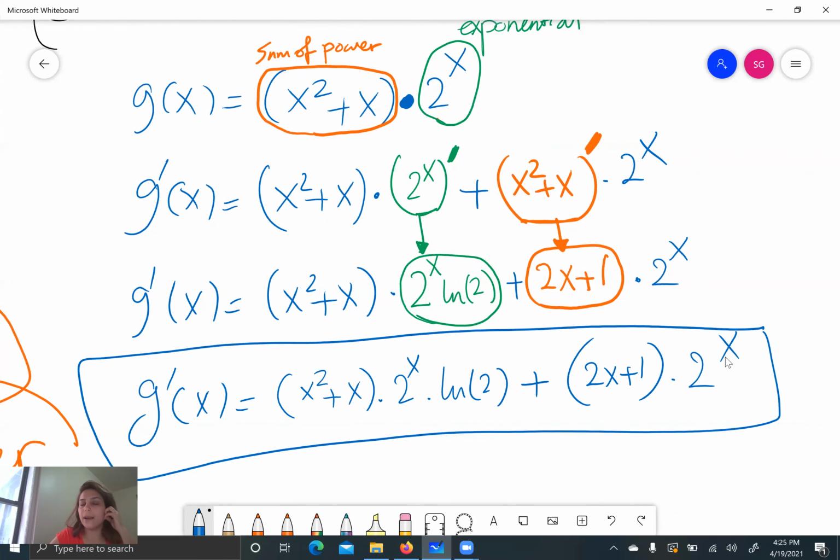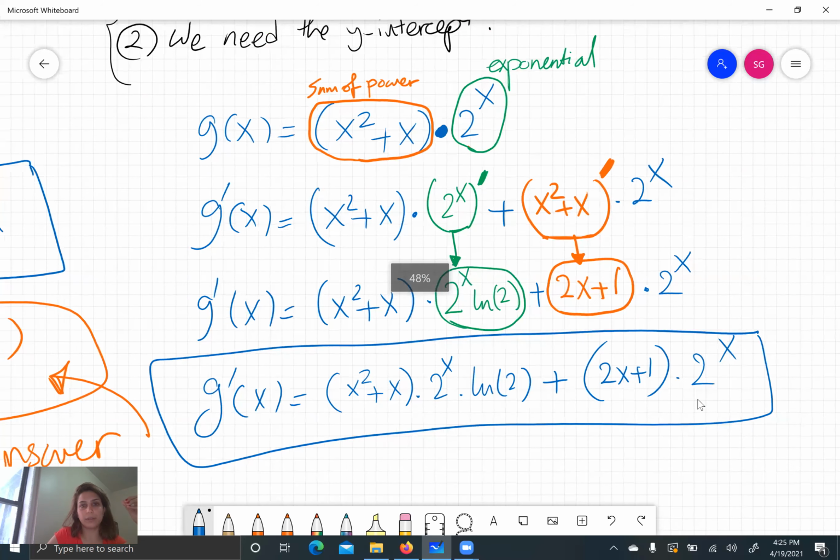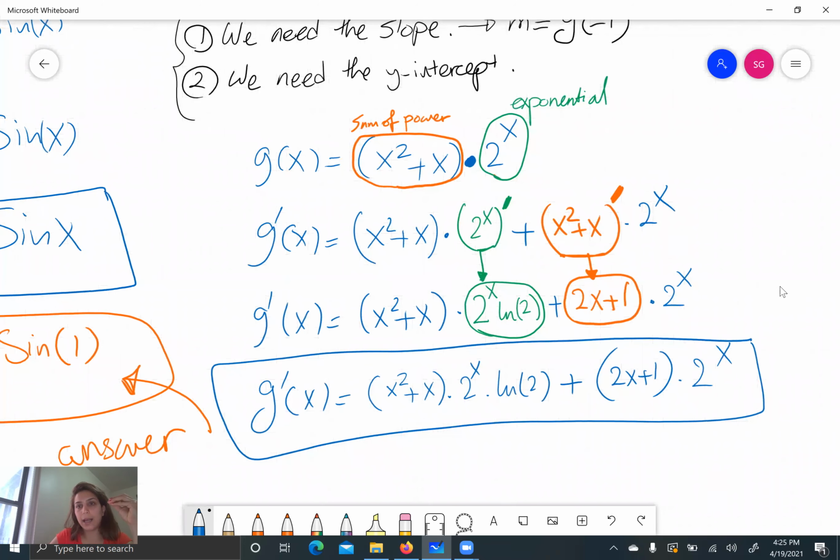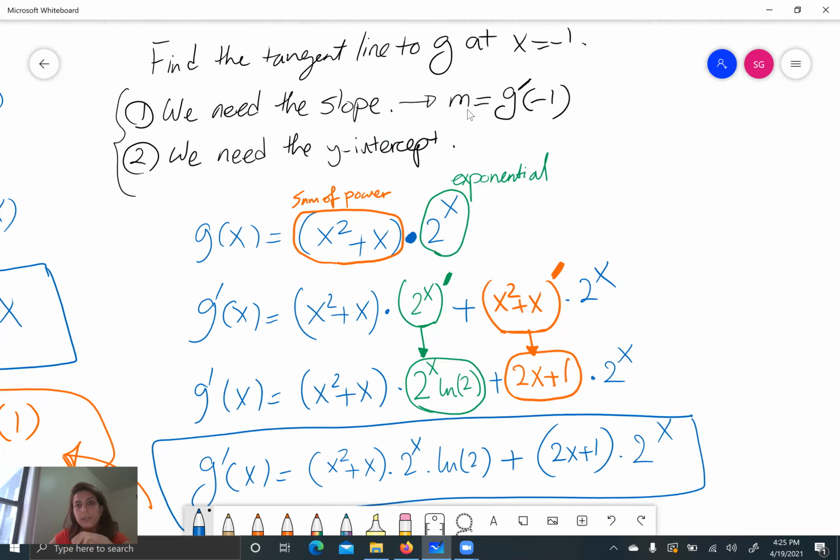So we used the product rule and we took the derivative of the function. And what do we need for the slope? In order to find the slope of the tangent line, we need to evaluate g prime at -1.